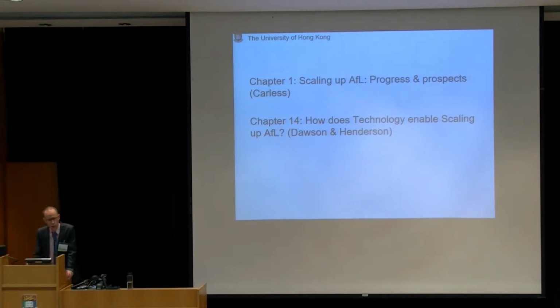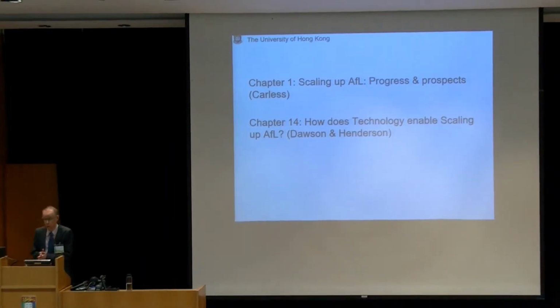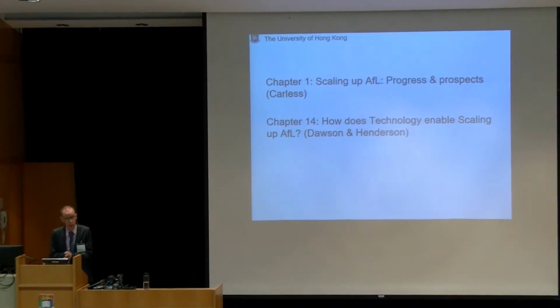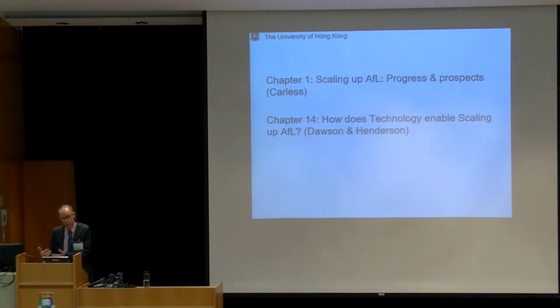And I'm going to draw on 2 chapters from the book. I'm going to draw on my opening chapter, which was trying to frame the book, and it was called Scaling Up Assessment for Learning, Progress and Prospects. So I looked at the progress to date in assessment for learning in higher education, and then I referred to the future prospects.